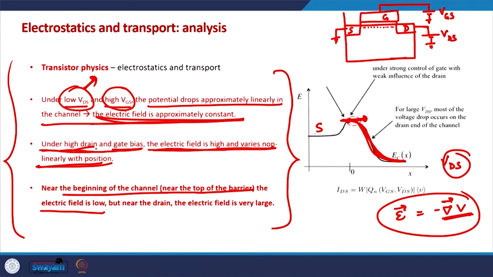So let me take a moment and summarize what we have seen. We have seen that the MOSFET is a barrier control device. We have seen various IV characteristics of the MOSFET.